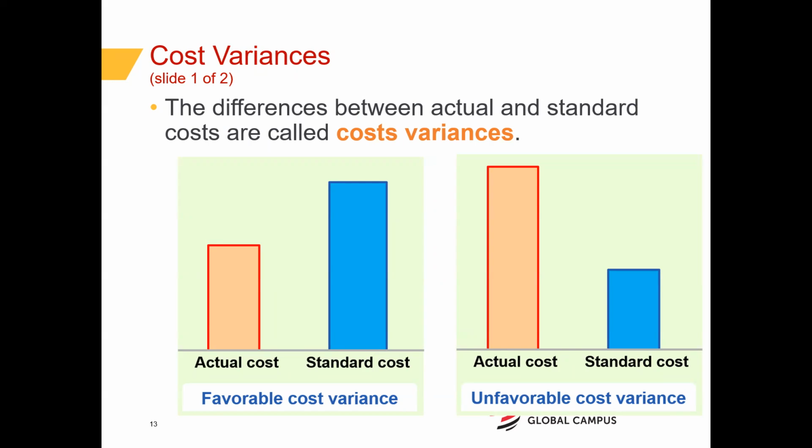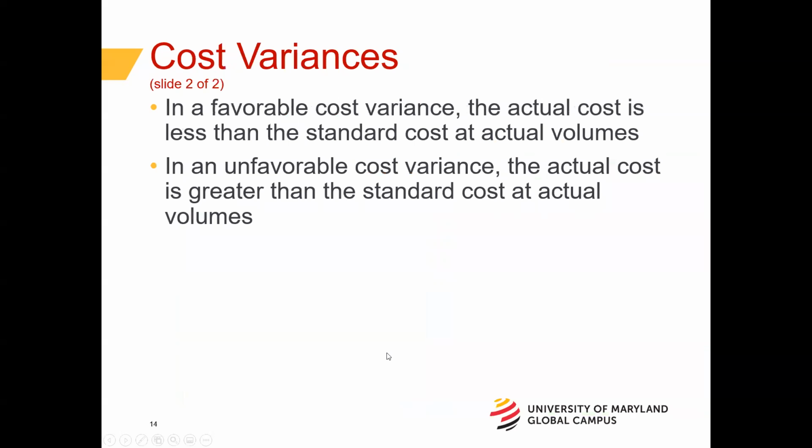So if the actual cost is less than the standard cost, it is favorable. If the actual cost is greater than the standard cost, it is not favorable. That means we spent too much money. Right? That makes it unfavorable. In a favorable cost variance, the actual cost is less than the standard. And in an unfavorable one, the actual cost is greater than the standard.